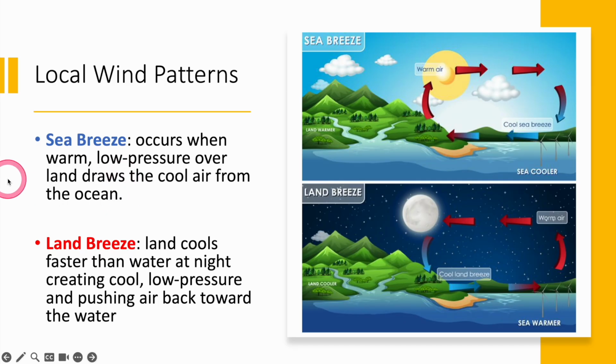So now looking at local wind patterns, we have something called a sea breeze. If we live close to the water, water retains its temperature a lot better than land. So water tends to be cool, especially near the Pacific Ocean. And so air near the surface of the water is going to be cold and dense. And then land is going to be warm and drier.